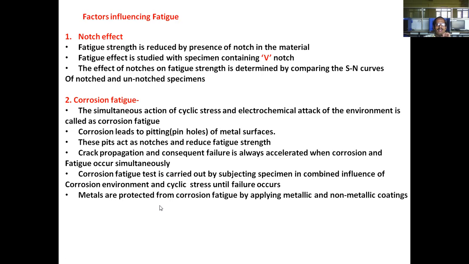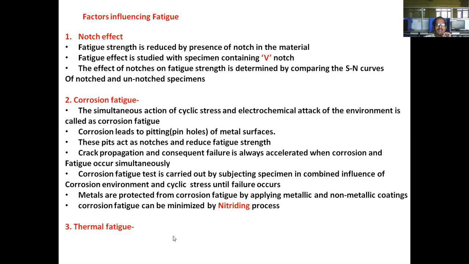Metals are protected from corrosion fatigue by applying metallic and non-metallic coatings, especially to avoid contact of the specimen with the environment. Corrosion fatigue can also be minimized by the nitriding process, which is one more surface treatment for steel.